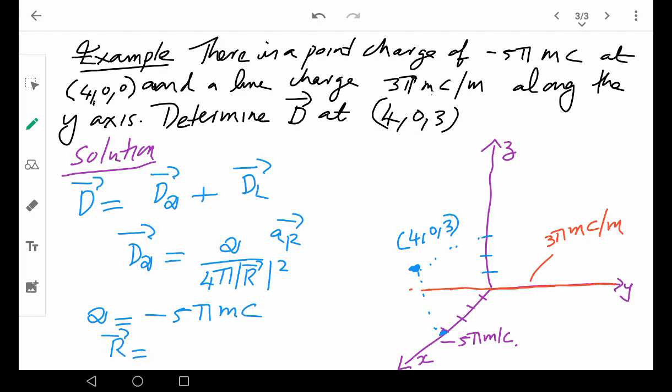R is starting from the minus 5 millicoulomb charge and ending at the point.